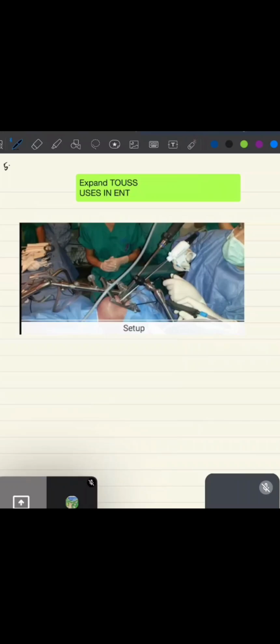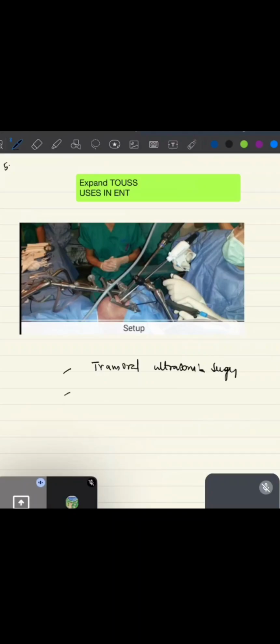Now coming to this, expand TAUS and one use in ENT. Let's go with this. TAUS is transoral ultrasonic surgery.